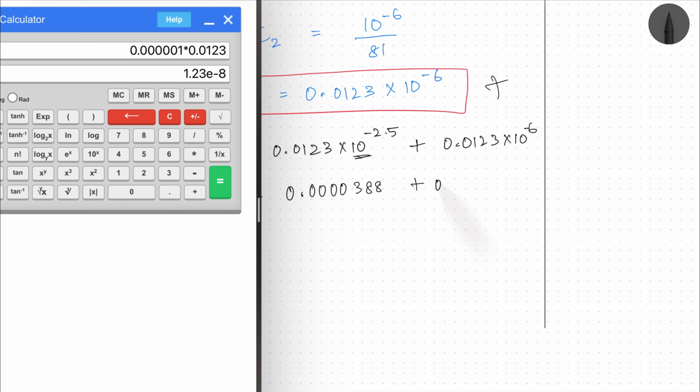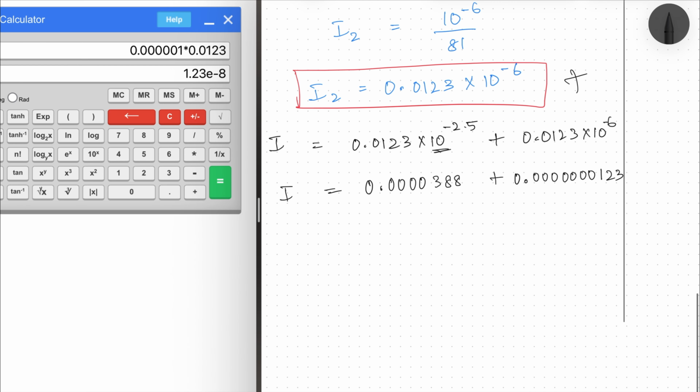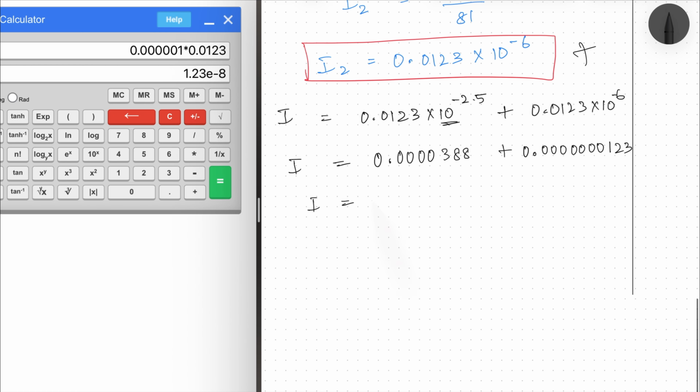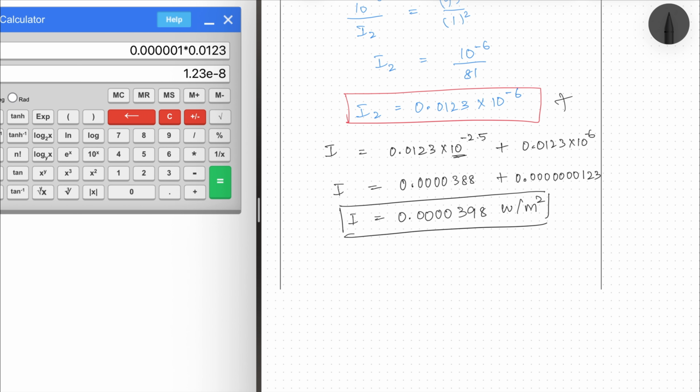So if I write it in decimals, you'll have this as 0.000000123. Okay, so when you add this both, you'll get 0.0000398 watt per square meter. So this is the total intensity at R.